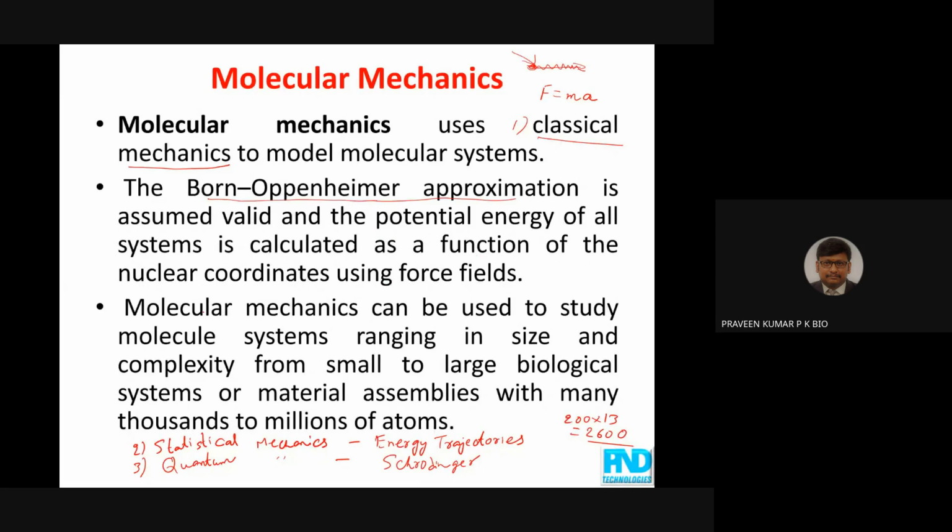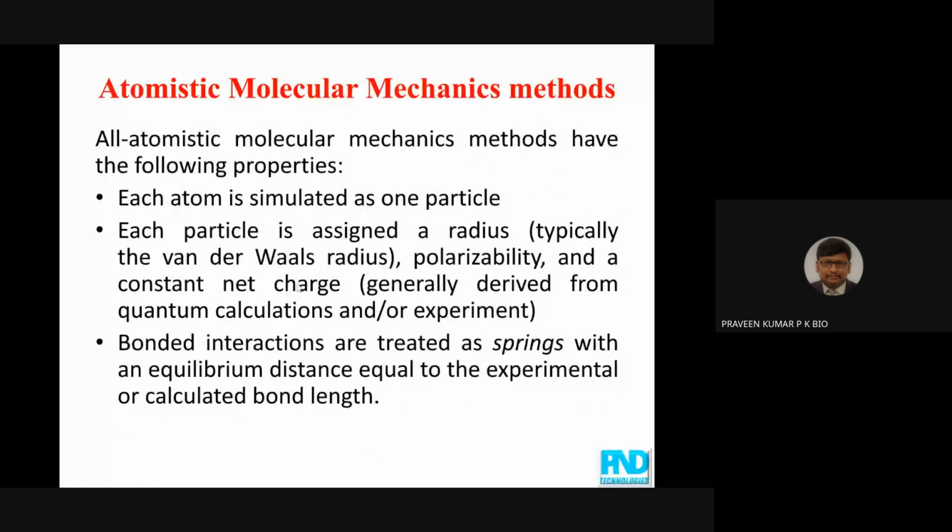Whatever atoms you have, you calculate everything for all the atoms and you get a single energy. Generally, it's a combination of different energies. We'll be discussing more about the Born approximation model in the subsequent slides.